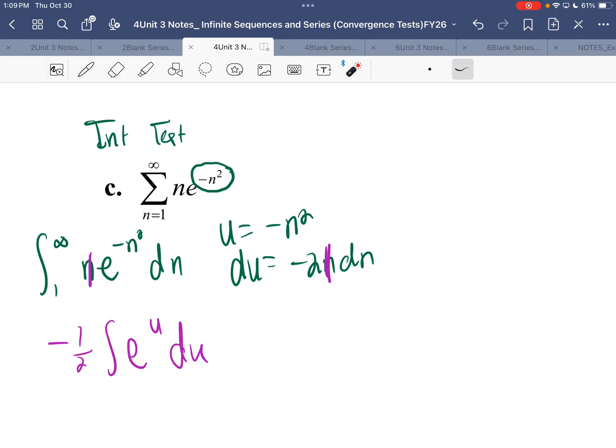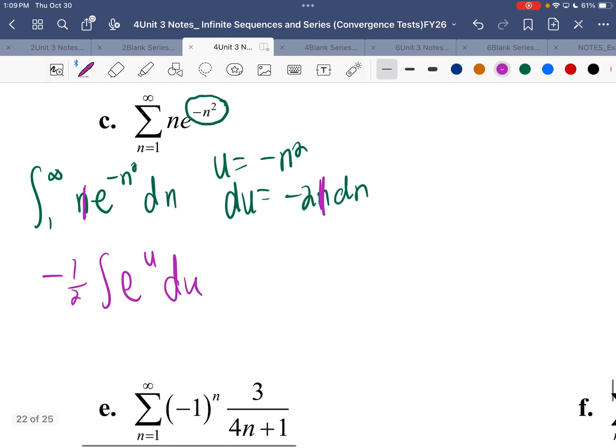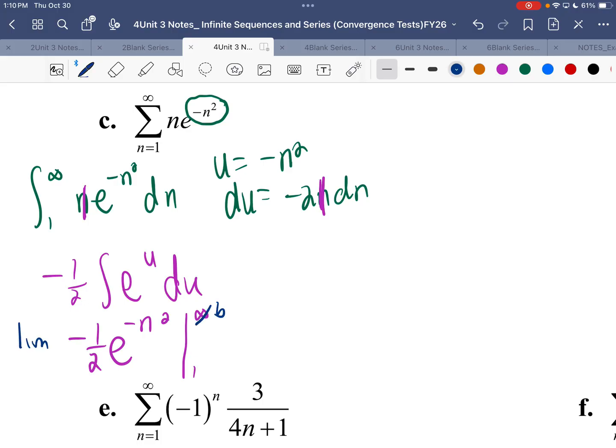So you need to actually integrate it and then plug u back in. So when we integrate this, we're going to get negative e to the u plus C. But we know our boundaries are really from 1 to infinity. So let's change that to be a b and do the limit as b goes to infinity.